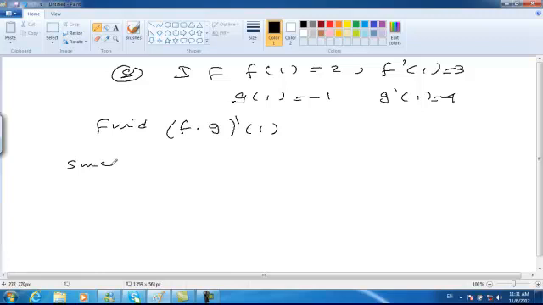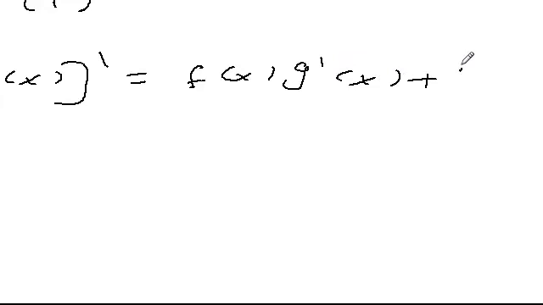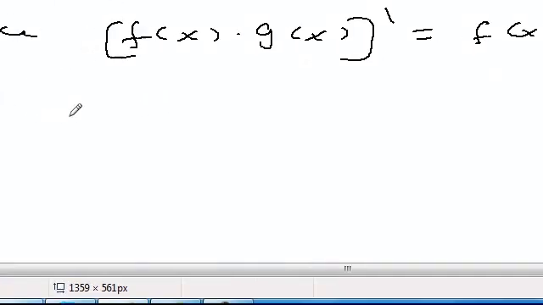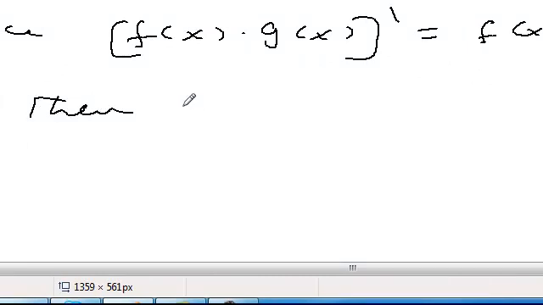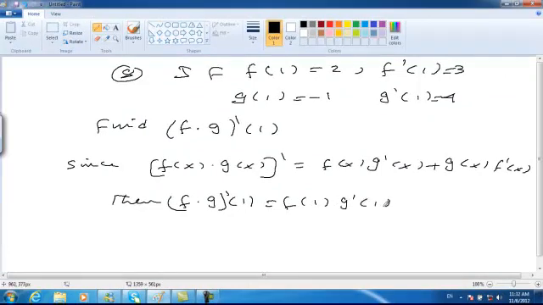Since the derivative of f of x multiplied by g of x equals f of x g dash of x plus g of x f dash of x, then the derivative of f times g at point 1 equals f of 1 g dash 1 plus g of 1 f dash 1.